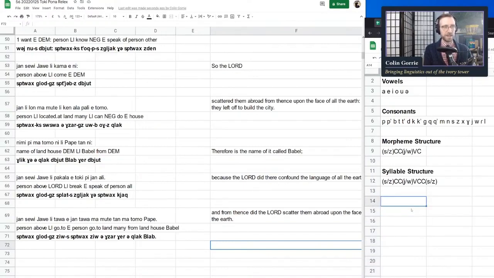Okay, so we have zgliak, that's Toki, and Pona is going to be maybe S, K, ejective P, skp, wa, squawk.